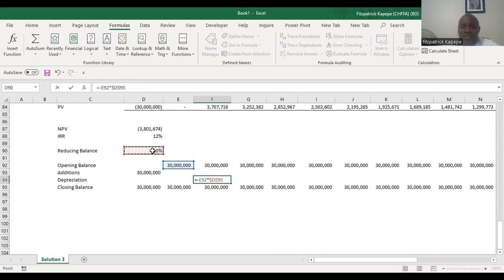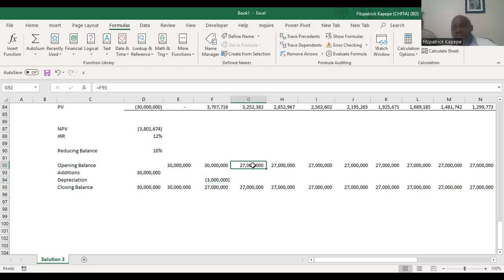So I hold it like that. As it moves on, it will be computing only the balance brought down, whereas straight line is a constant. It is computed at cost. The reducing balance is computed at the balance brought down.